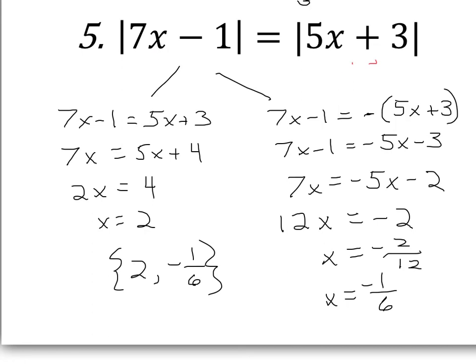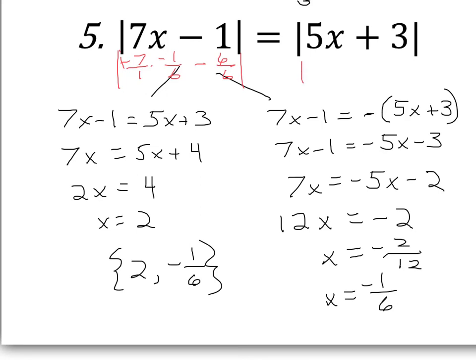Now let's try -1/6. On the left we get 7 over 1 times -1/6, which is -7/6. All of that minus 1, and we're going to make that 6 over 6 because we are dealing with fractions.